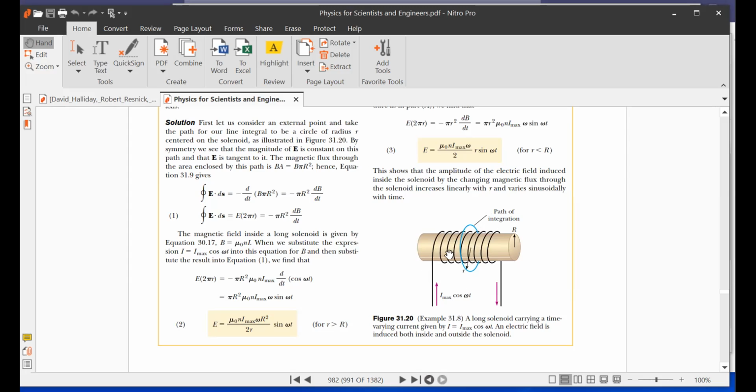So this little r here is around the value of capital R. It's not so far away, it's near the solenoid, around the solenoid.